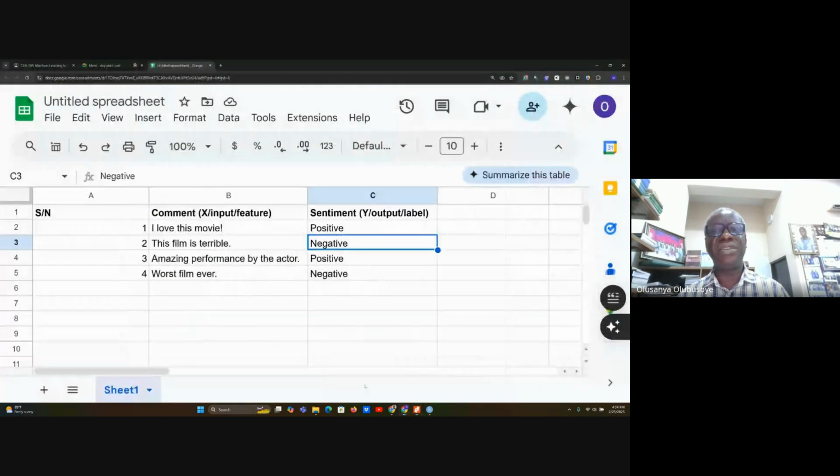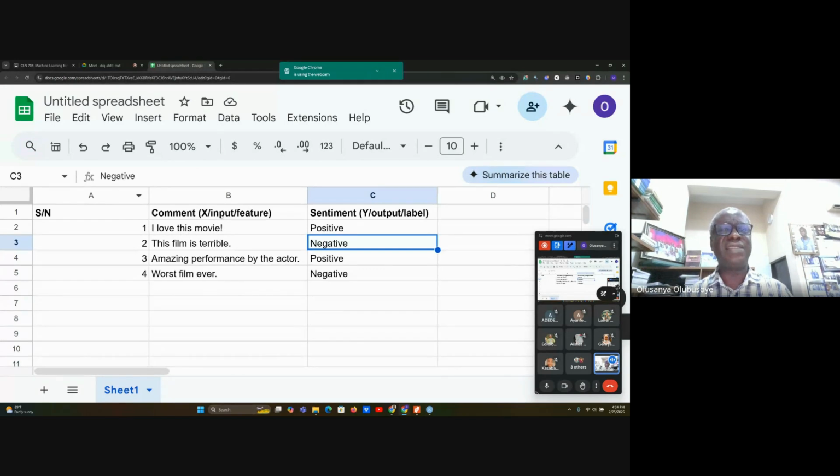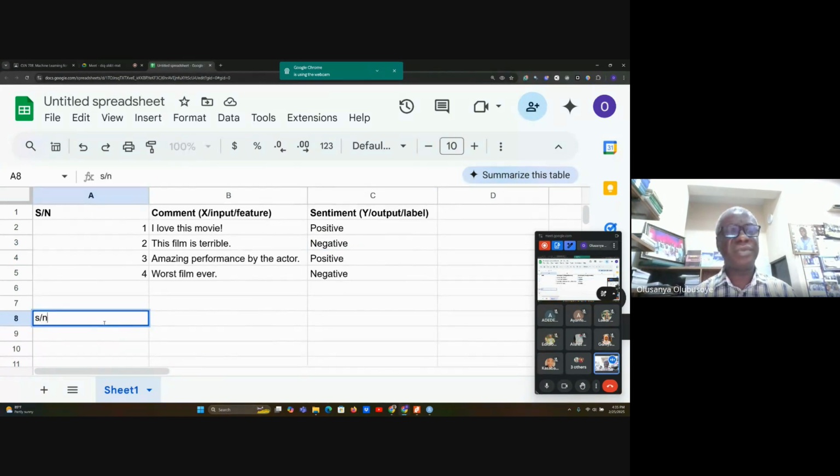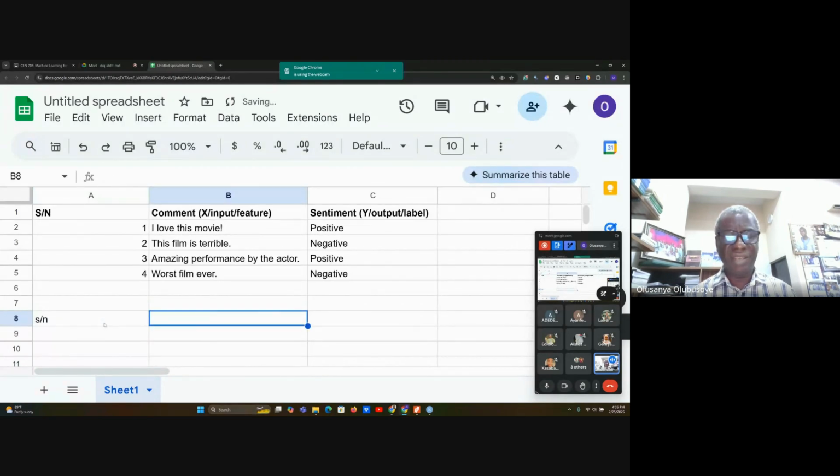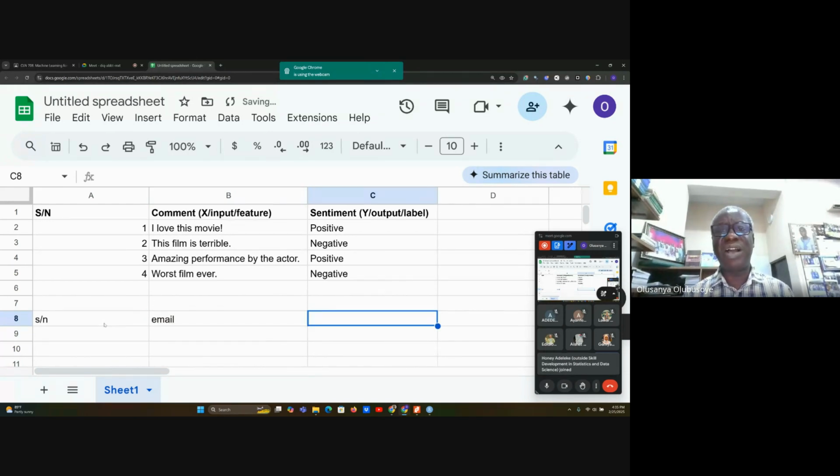So if you have another data set which is not about comments, here you could have, let's say, serial number, and then here you have the email, and then here you have the category.